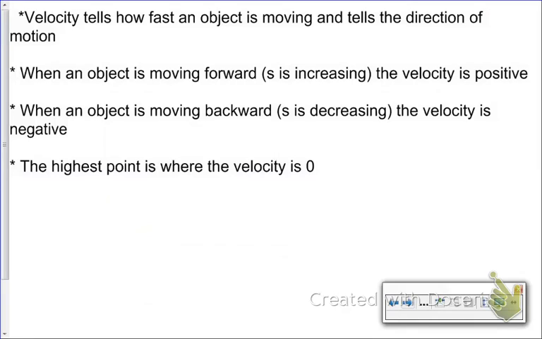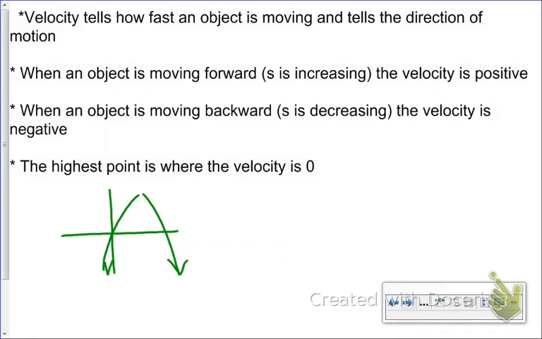Think about the logic of this problem. In a position function, the highest point, what's the slope at a maximum? If this is my position function, what's the slope up here?